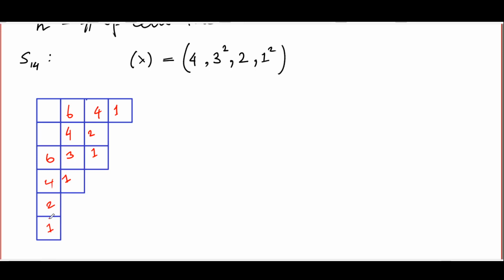For this one is 1, 2, 3, 4, 5, 6, 7. And finally for the top is 1, 2, 3, 4, 5, 6, 7, 8, 9. So these are the hook lengths associated with each cell. So now we have all the hook lengths for all the cells in a given partition.